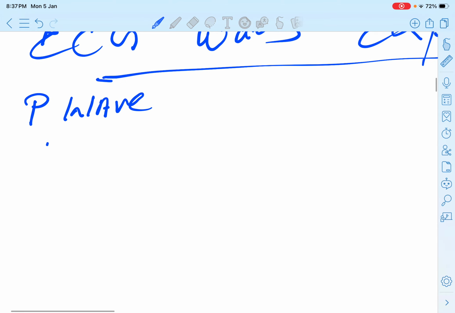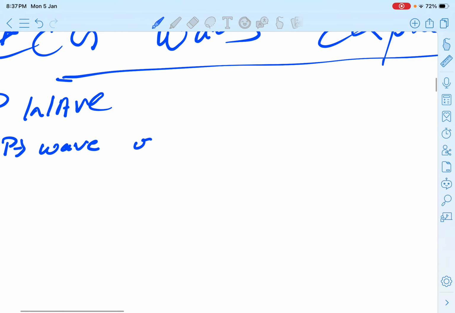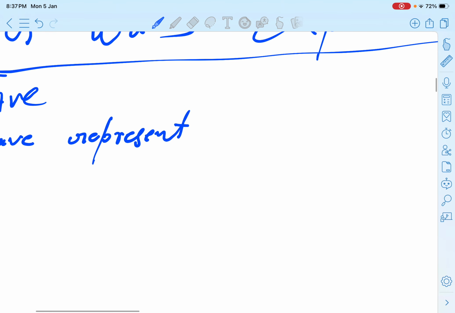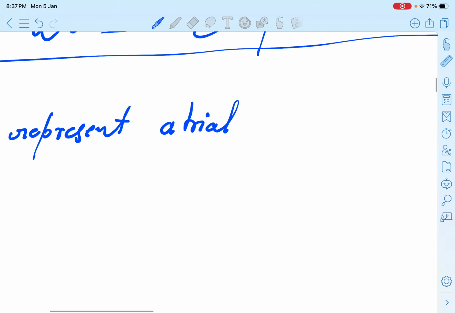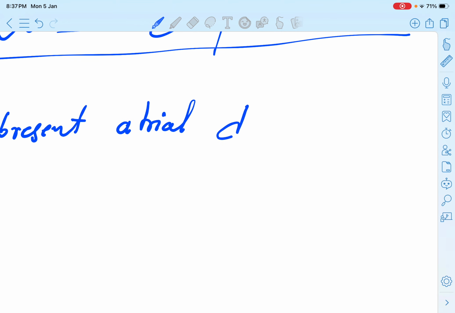P wave. P wave represents atrial depolarization. I will tell you deeply what is atrial depolarization, what is ventricular depolarization. I will tell you all the things, so don't worry.